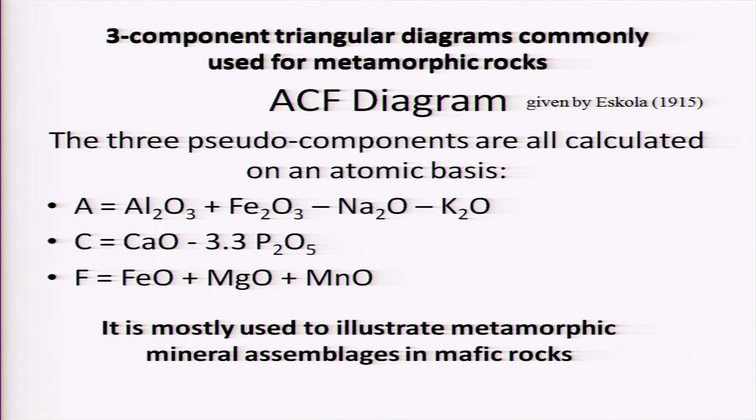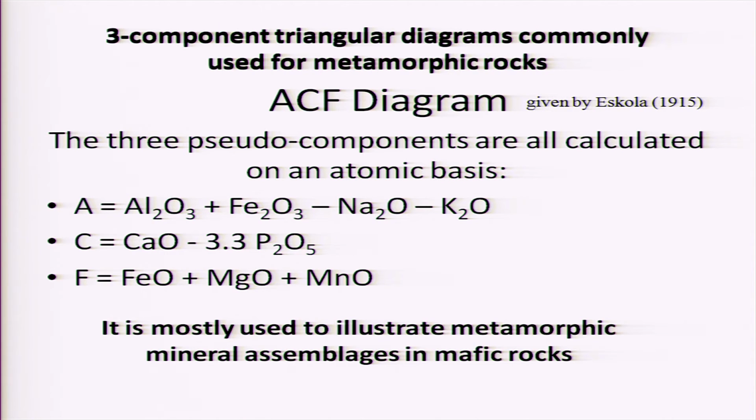Now, since potassium and sodium are relatively much less in basaltic rocks, we will not consider them for the moment. So, we are left with Al2O3, FeO plus MgO and calcium oxide as three possible pseudo components to represent the system composition of basalt. So, we will now look at how we reduce these system components into pseudo components.